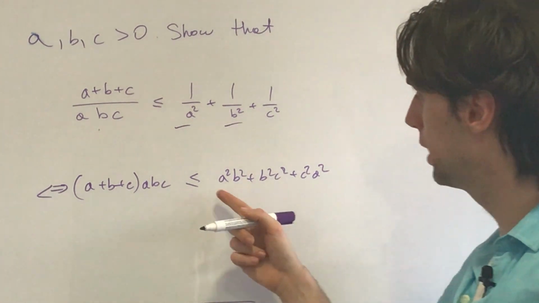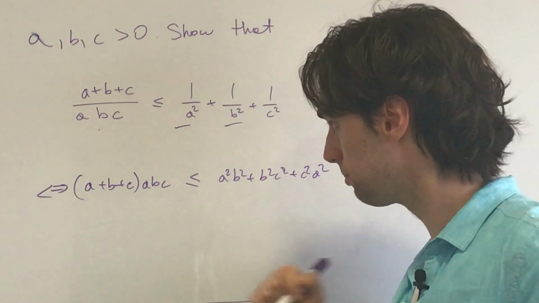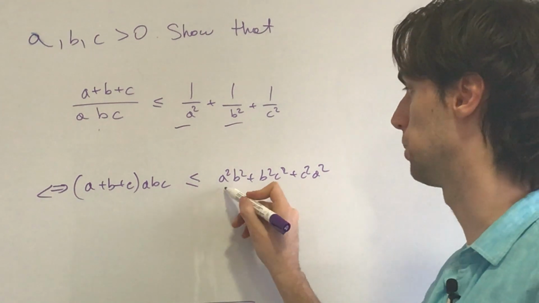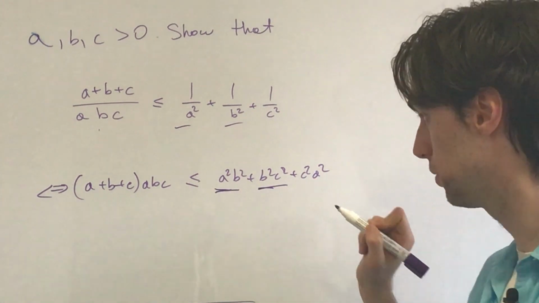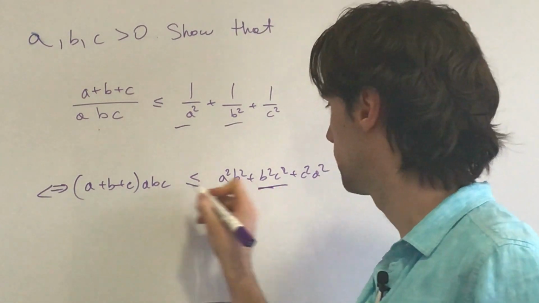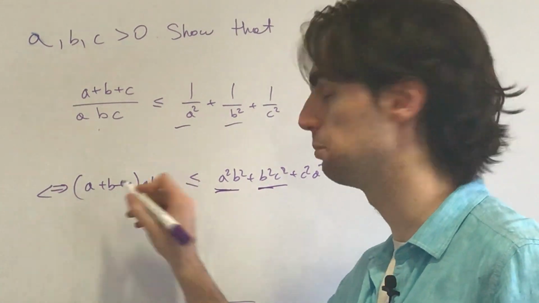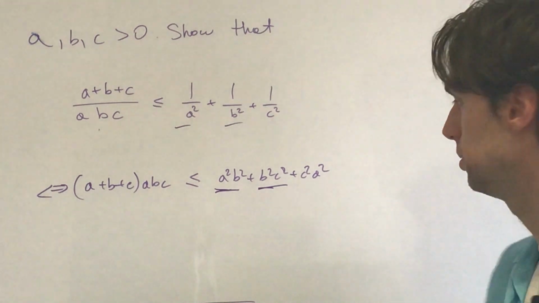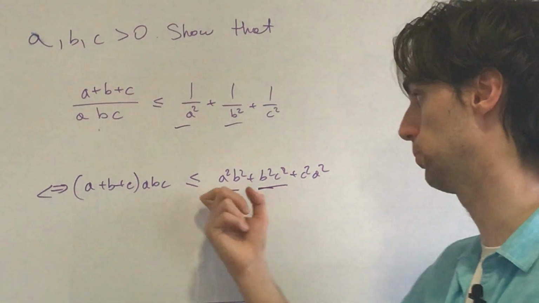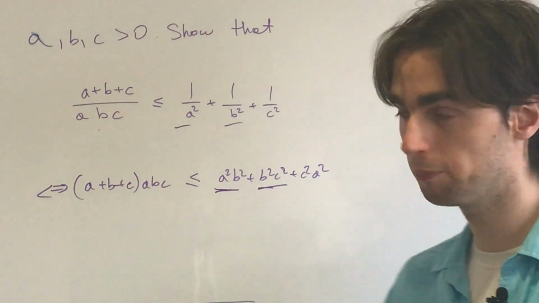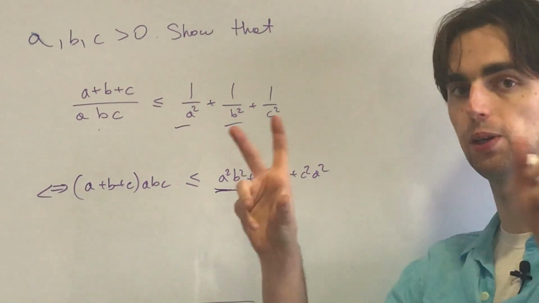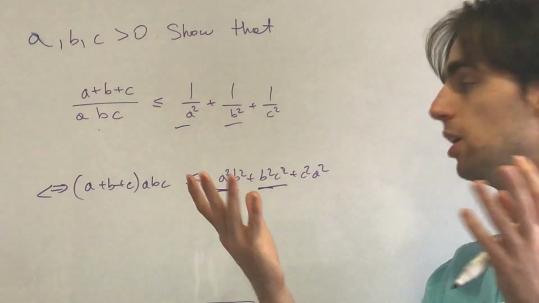Now we can do the same thing as before: combine this plus this, this plus this, which is greater than or equal to abc times 2, and so on and so forth. We can combine all of these together.